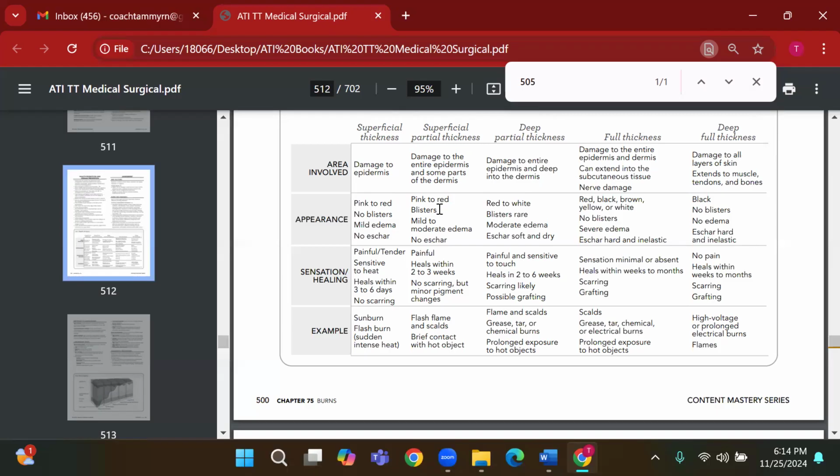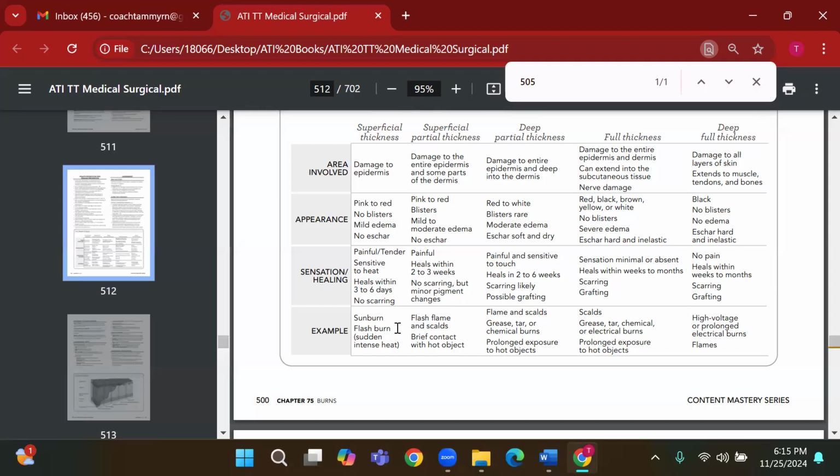And that's what I think of as a superficial burn: has blisters, mild to moderate edema, still no eschar. Now, if you look, this first superficial layer, this epidermis, is painful. The nerve endings are still in the tissue. And so a person who is burned on the surface of the skin, which is really the epidermis, or even down into some parts of the dermis, it will hurt. It will be painful. The healing time is about 2 to 3 weeks, and really no scarring.